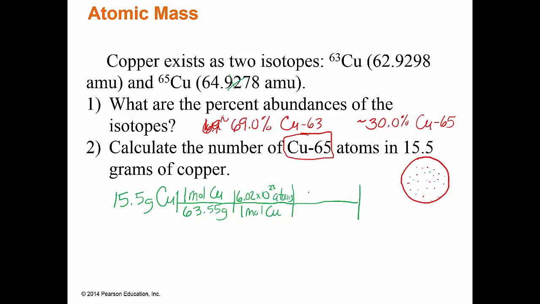So I would say only 30, again, put in the actual number that you calculated, atoms are copper 65 out of every 100 atoms of copper you have.